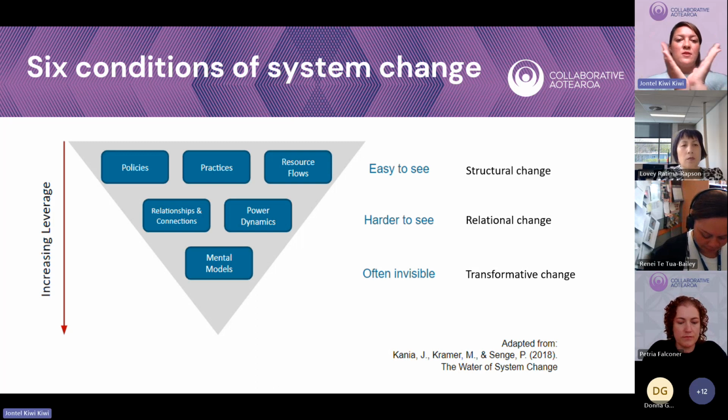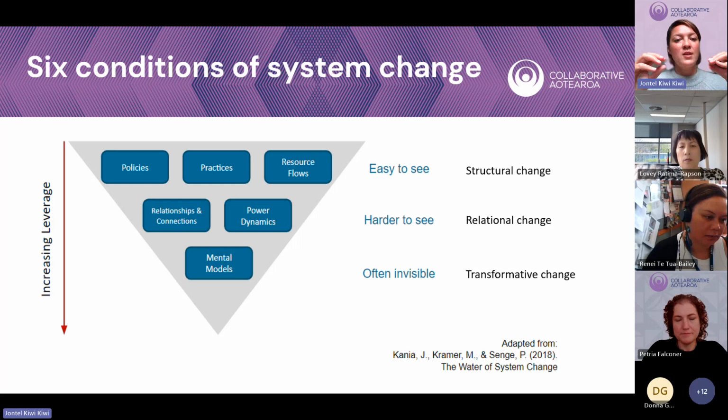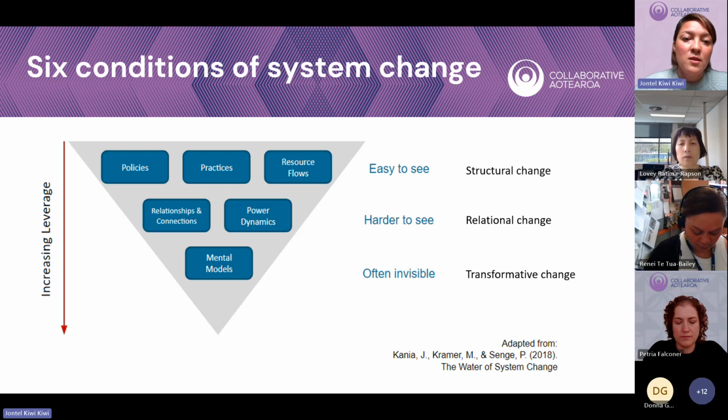As you can see, we've got an inverted pyramid, and the reason for that is that these top parts here, the policies, practices, and the resource flow, this is what's called structural change, and these are the areas that tend to be focused on the most anytime there is a restructure or a reform, or someone wants to come along and make changes to the patterns that we're seeing. However, they don't work sustainably unless you're actually addressing the deeper layers as well.